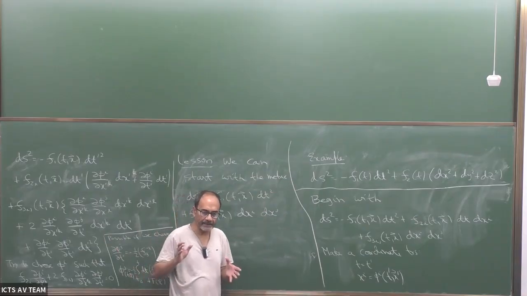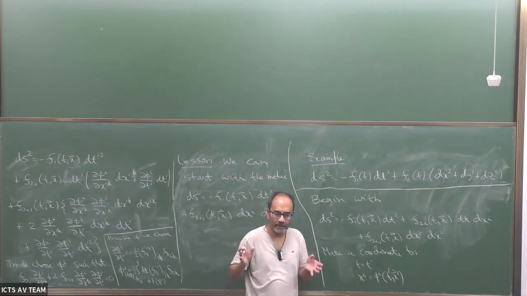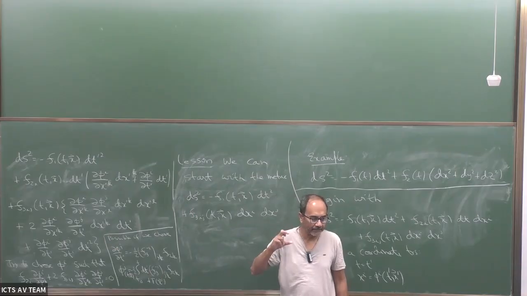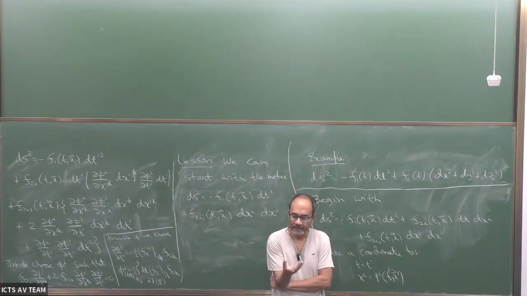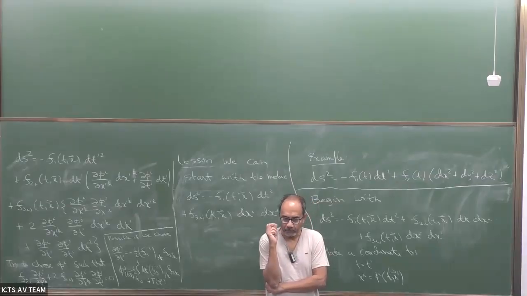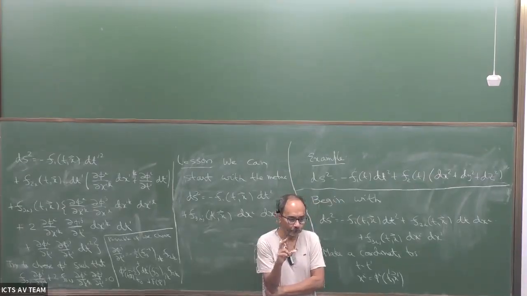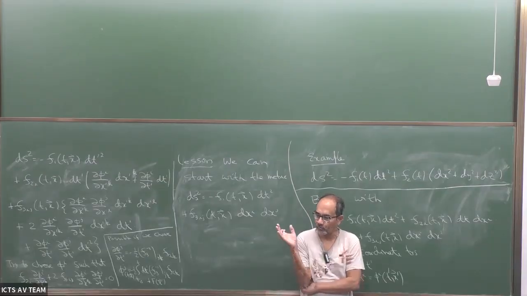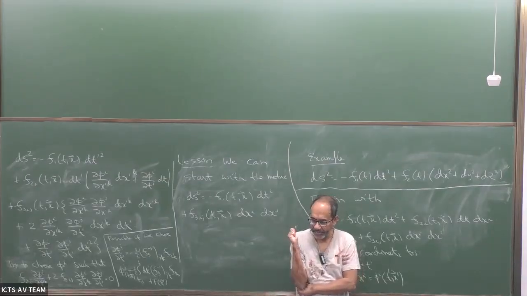So all I'm saying is that to begin with, the general coordinate transformation had 4 independent functions. Because x naught can go to an arbitrary function of x prime and t prime, and x1, x2, x3, each of those could go to arbitrary functions. So you had 4 functions to play with. And using those 4 functions, you might expect that you should be able to set 4 functions to 0 in the expression for the metric.